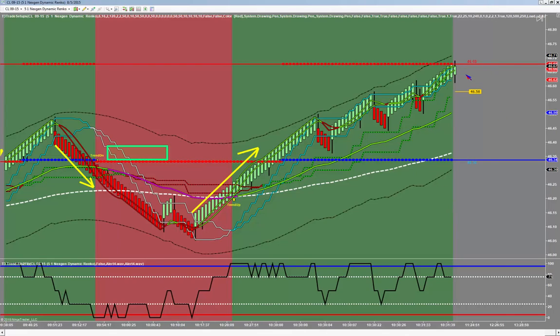Right. Once we get to Fibonacci resistance, we're going to have a breakout either above it to keep going long, or the small triggers are going to have to break out below our synthetic triggers.